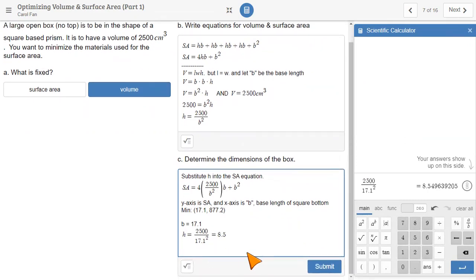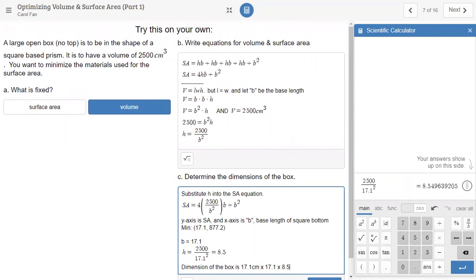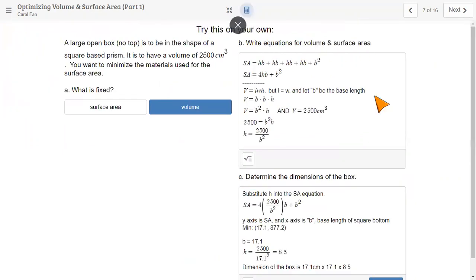Okay, so the dimensions of the box: 17.1 centimeters by 17.1 by 8.5. I'll give you a moment to take this down, and then we'll go on to our next example.